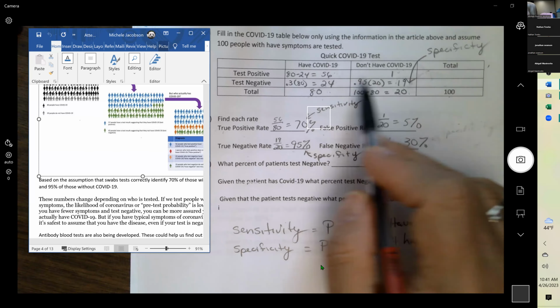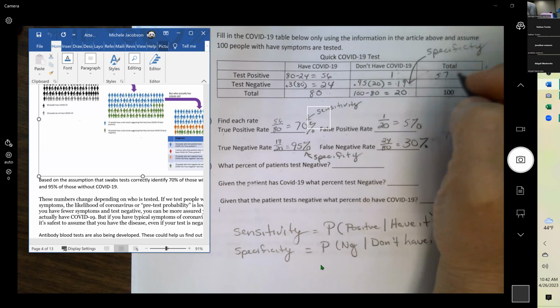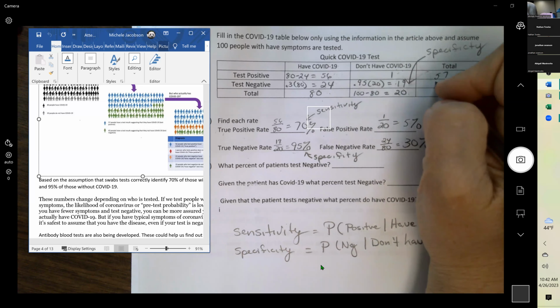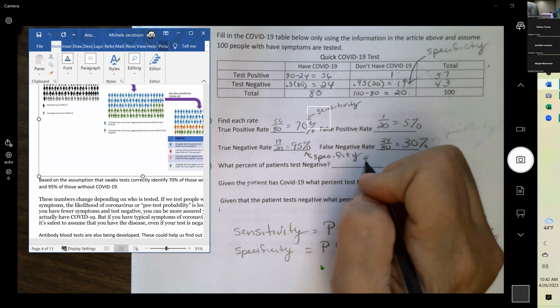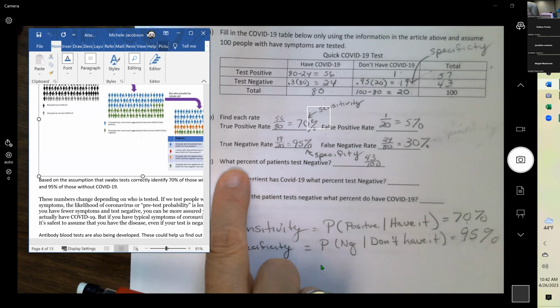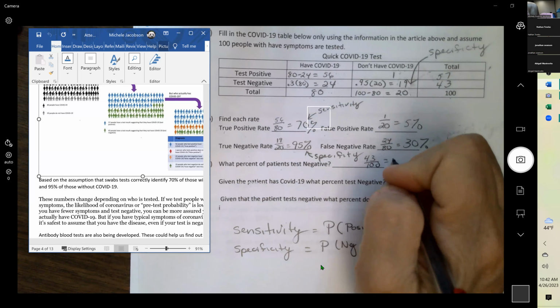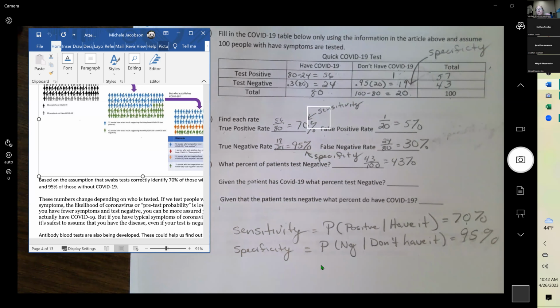So we want to add across: 19 plus 24 is 43. And it says percent here. Any questions?